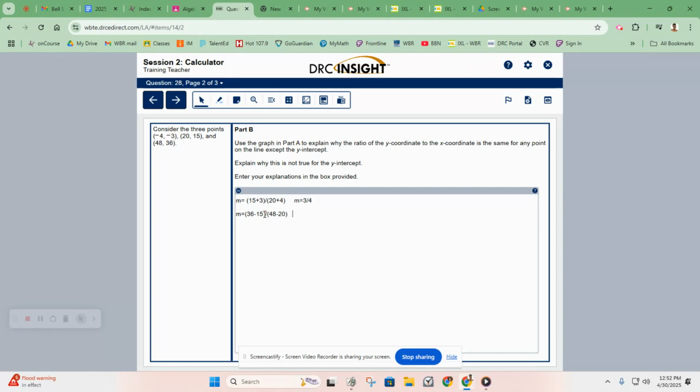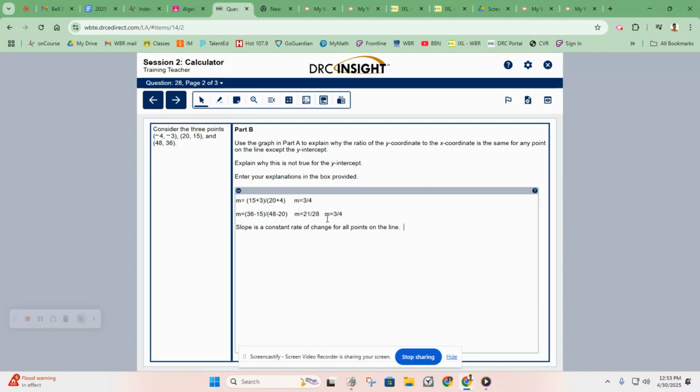When I simplify that, 36 minus 15, I'm going to get 21 over 48 minus 20 is 28. That fraction can also be simplified by dividing by 7, and I still get that it's 3/4. Okay? So the slope is a constant rate of change for all points on the line.